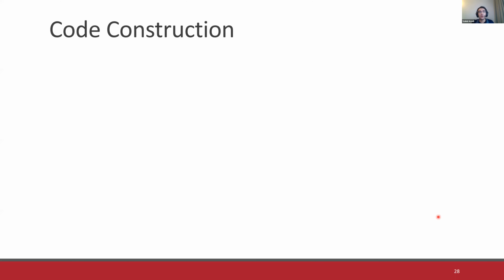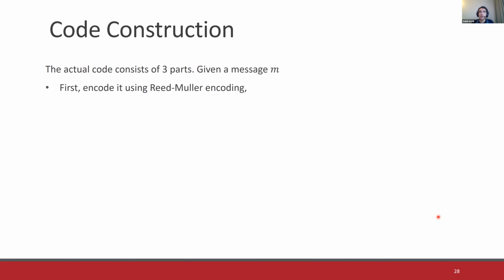So this is how the code construction works. You're given a message M, you first encode it using the Reed-Muller code. Then you add these plane versus point proofs for all the points in F to the power m and all the edge planes that you have.